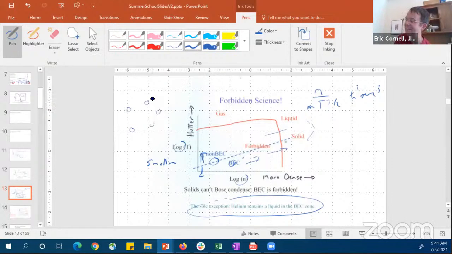As you increase the density and make the temperature go down, at some point the atoms prefer to stick together, and it's a metastable thing. Leo, anytime you want to jump in and help me out, you're the stat mech person.